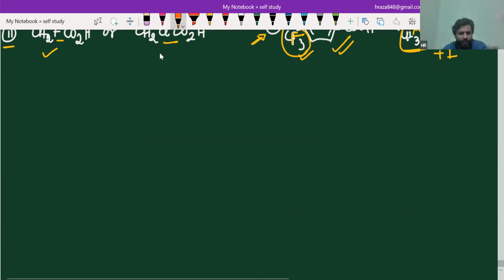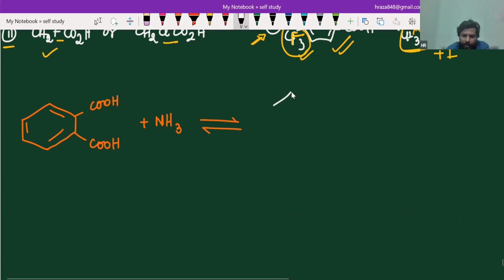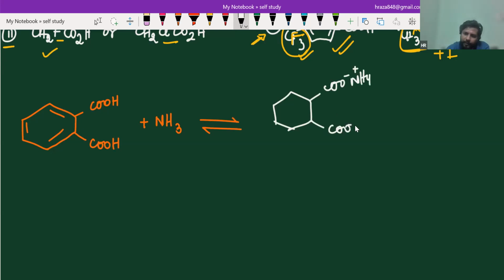Okay. Now the next reaction is basically carboxylic acid with ammonia. If you have a dicarboxylic acid, you can see this is your benzene in which COOH is here and COOH is here, and you are going to react this with NH3, that means ammonia. Here this NH3 will be in excess. So there will be formation of COO minus NH4 plus, and then again COO minus NH4 plus. And you are going to eliminate water.